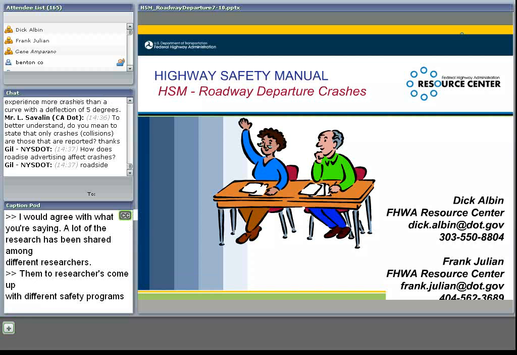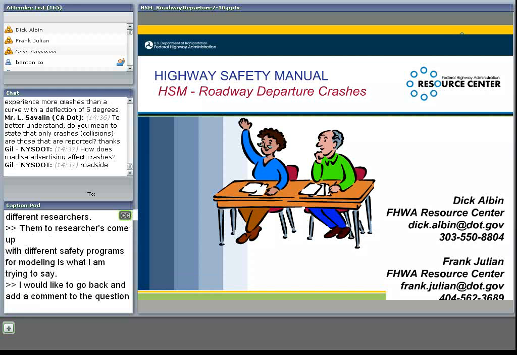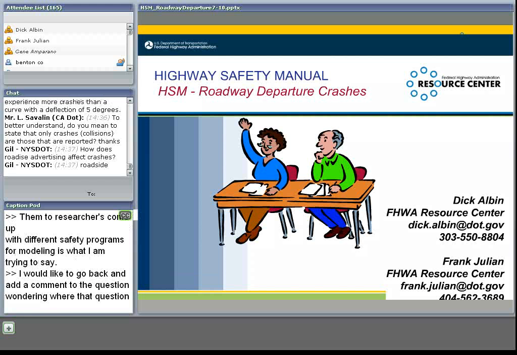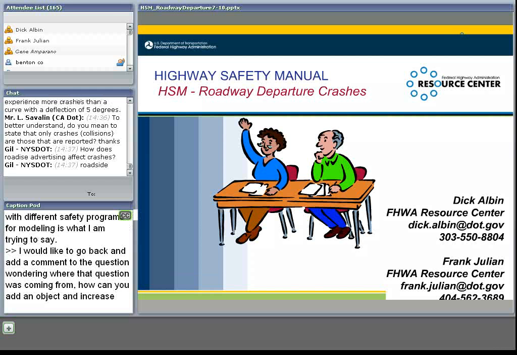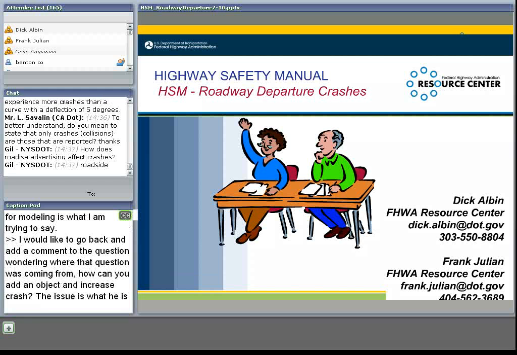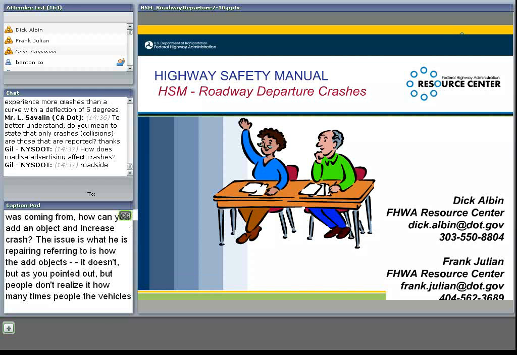Researchers come up with different safety programs or modeling, I guess is what I'm trying to say. Right. Gene, I would like to go back and add a comment to the earlier issue. The question was how can you add an object and it increases crashes? I think what he's really referring to is how do you add an object and it causes vehicles to run off the road. It doesn't, but as you pointed out, it's an ADT exposure. What people don't realize is how many times vehicles run off the roadway and recover and we don't know about it.